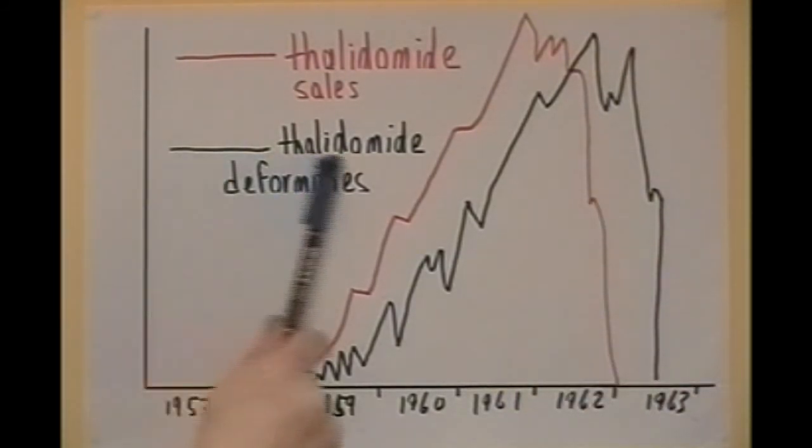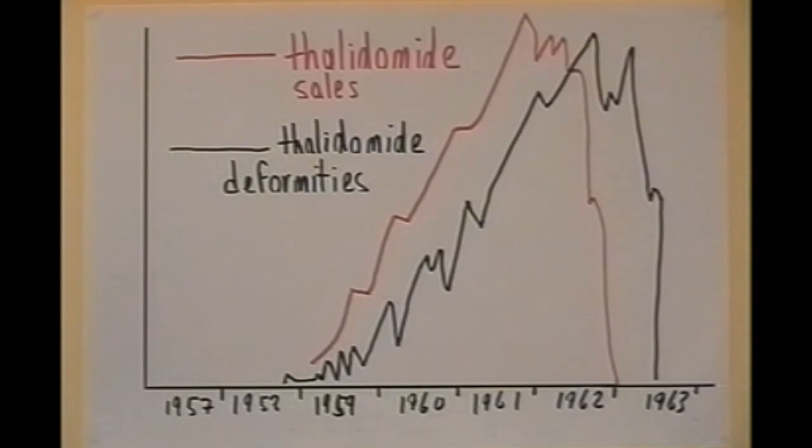Now this black line here shows the incidence of thalidomide type deformities, birth defects, and there were some appalling birth defects as a result of this drug, before people realised that this red line was causing this black line. In other words, that it was the thalidomide that was causing the deformity.